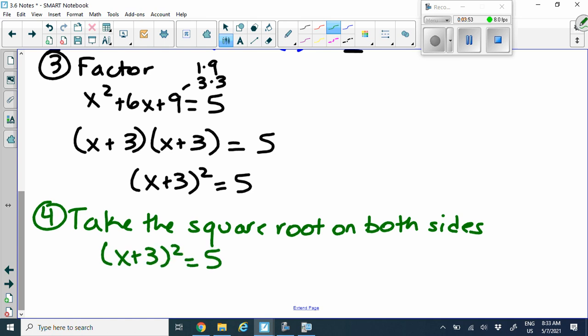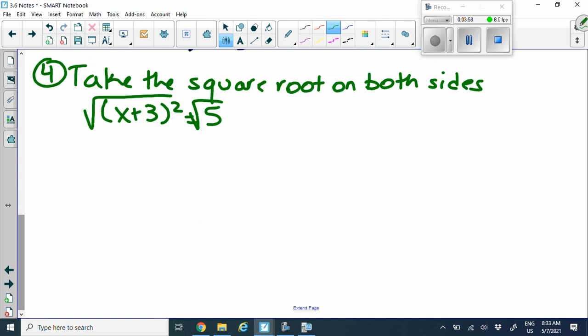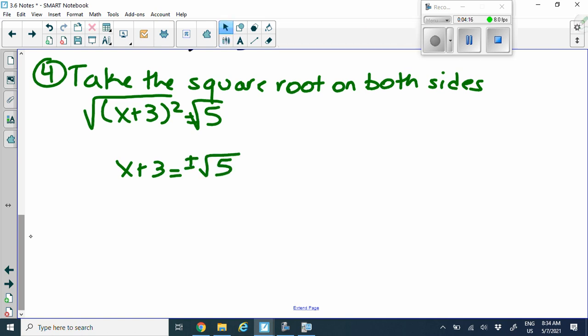We need to take the square root on both sides to get rid of that square. So then I have x plus 3. Now, is 5 a perfect square? No. Is there a perfect square that goes into 5 evenly? Well, there's 1, but that's not going to help us simplify. 4 can't go into it. So we leave it at square root of 5. Don't forget the plus minus sign in front of it.